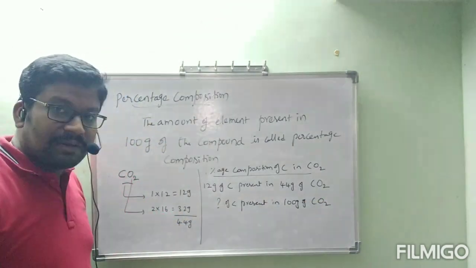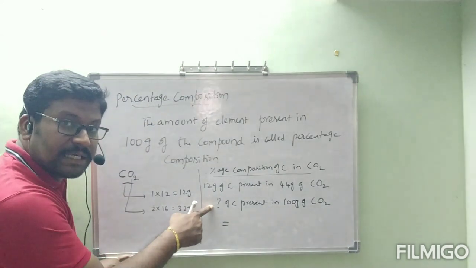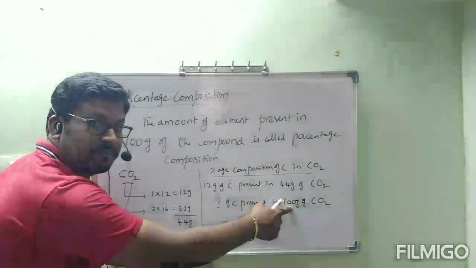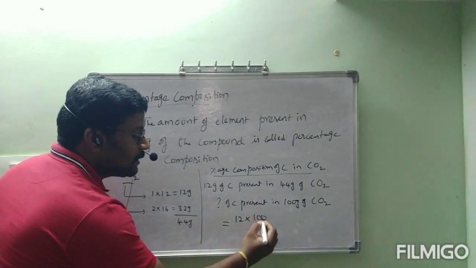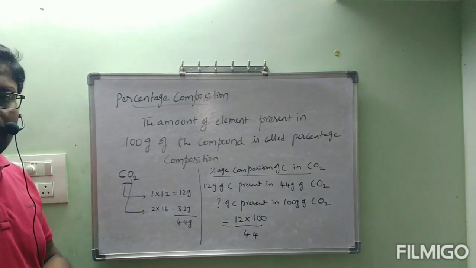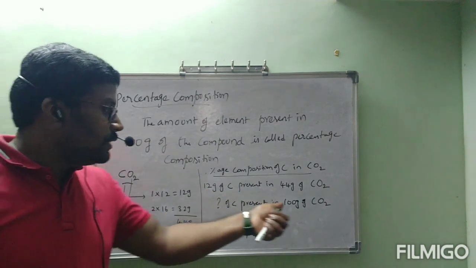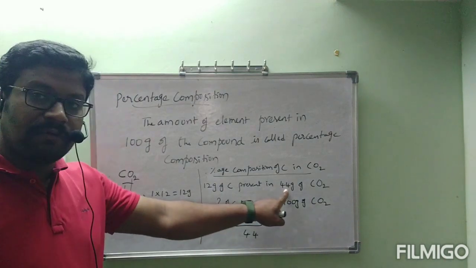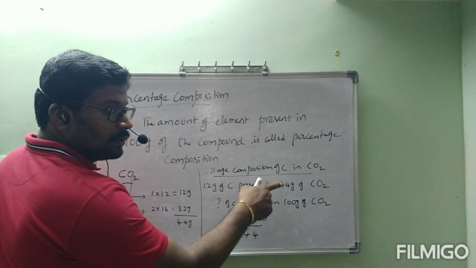This type of calculation is very important. To calculate this question mark, we will cross multiply: 12 into 100 divided by 44. One more time, here we have the question mark, then 12 into 100 divided by 44.